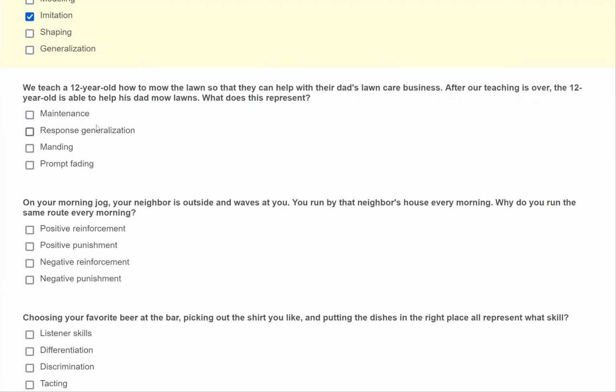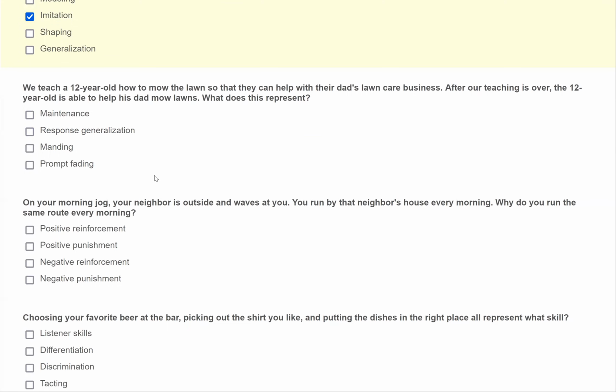So when we read this, this 12-year-old learns to mow the lawn, and then teaching stops and they can still mow the lawn, that is 100% maintenance, right? We're not really sure about the generalization piece yet. Even if we were, we're looking at response generalization. Response generalization deals with multiple responses. We're only dealing with mowing the lawn, right? It's not manding, because manding is communication, that's requesting.